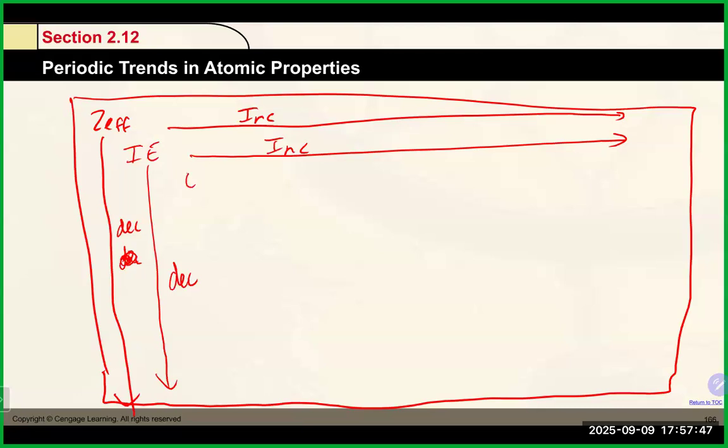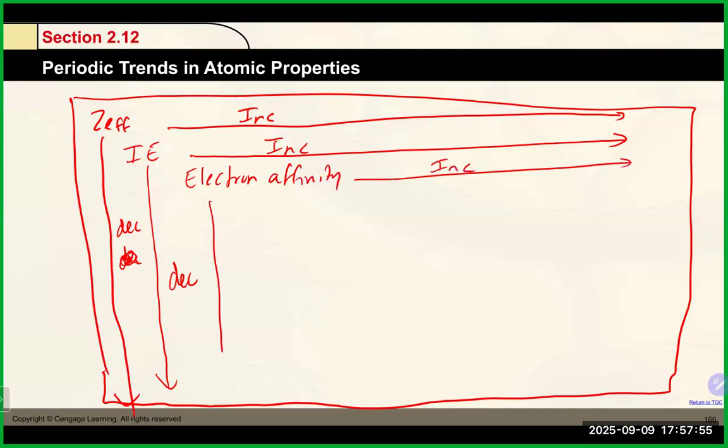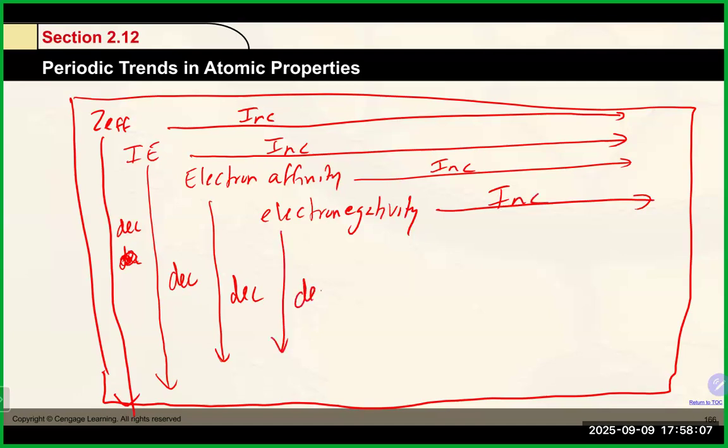The electron affinity increases as you go up and to the right, decreases as you go down. The electronegativity increases as you go up and to the right and decreases as you go down. And size actually decreases as you go up and to the right and increases as you go down.